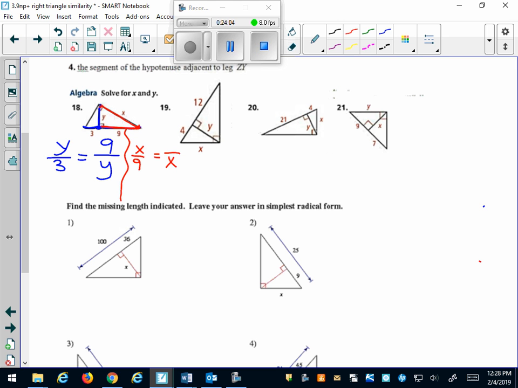The whole thing, not 3. 12. Right? Because this endpoint, where X comes down to, does that touch just the 3 segment? No, it touches the 9, and it touches the whole thing. So we have to think of the whole thing as being 12. So then we would solve that. Does that make sense? Do you understand? Okay. I'm going to pause this and let us practice a little bit.